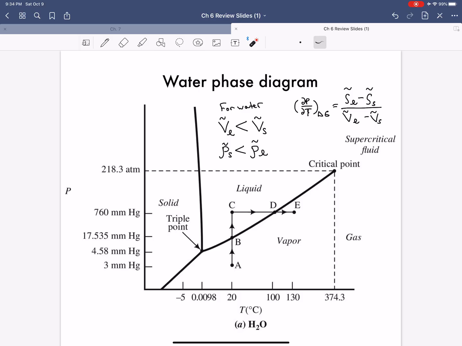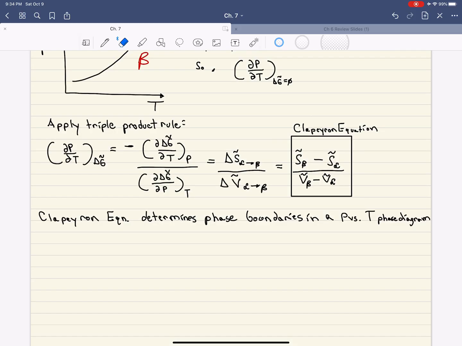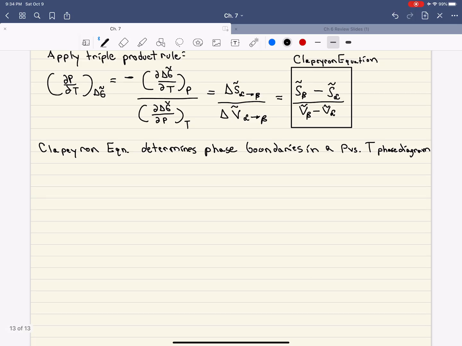Okay? And so once again, the Clapeyron equation allows us to determine the direction of these phase boundary lines.